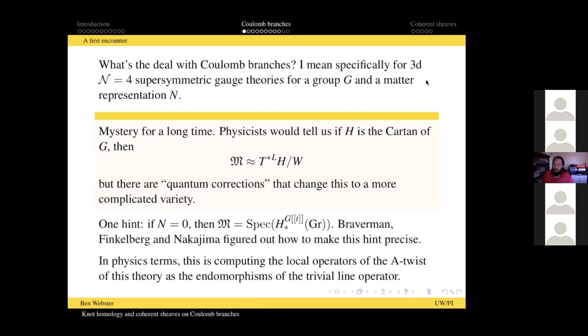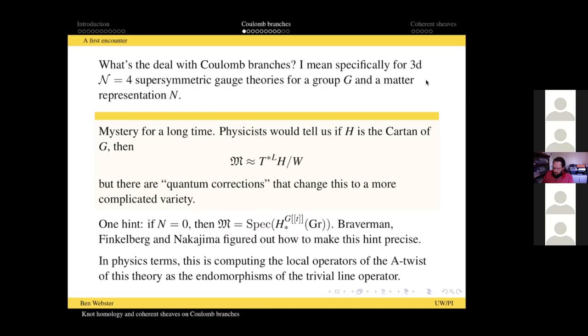And so luckily, Braverman, Finkelberg, and Nakajima did that for me. They figured out how to make sense of what these quantum corrections are. That's another thing that could be its own whole talk. So let me just say the hint here is that if your representation is trivial, then this Coulomb branch is actually the spectrum of the homology of the affine Grassmannian, equivariant for the Taylor series group. And basically they figured out, okay, so I know this fact. How do I now incorporate my representation?